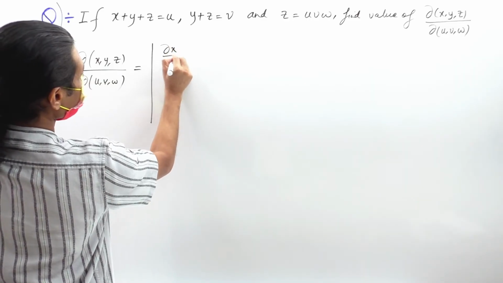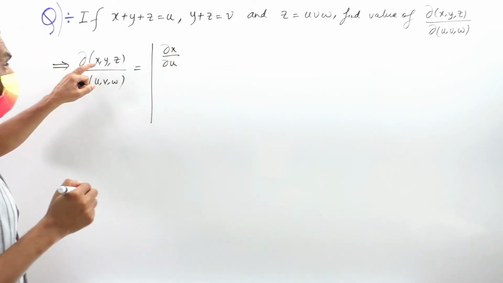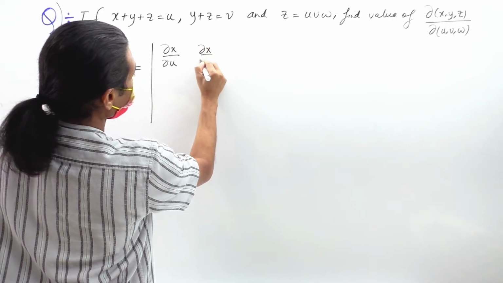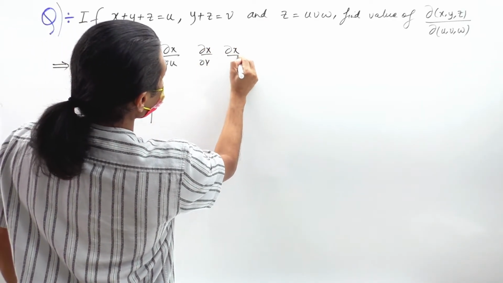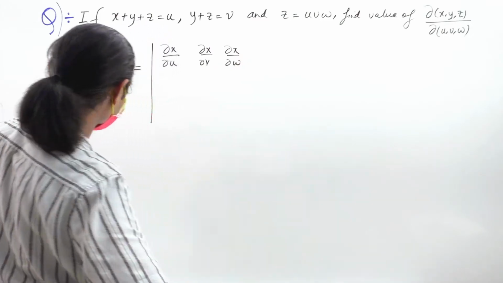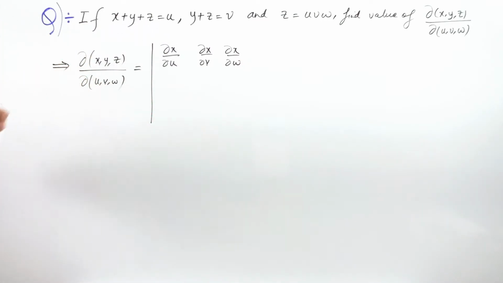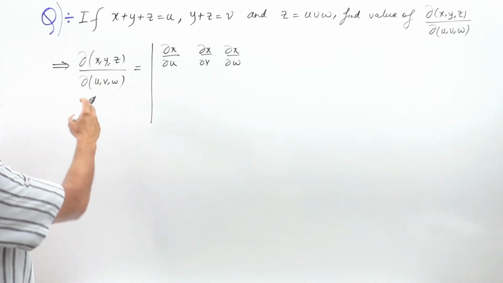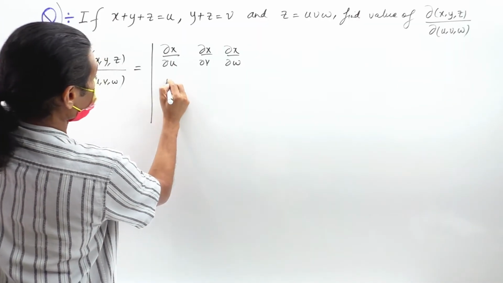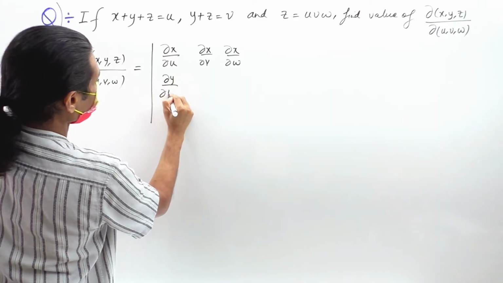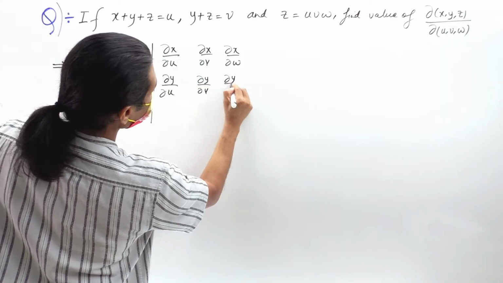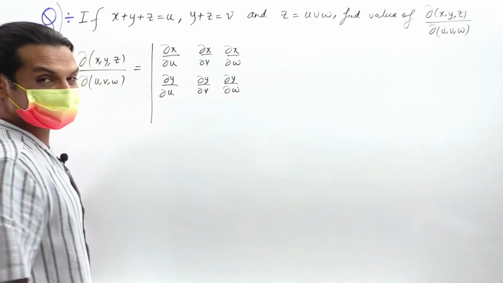∂x/∂u, then ∂x/∂v and ∂x/∂w. Next, the partial derivative of y with respect to all of u, v, w: ∂y/∂u, ∂y/∂v and ∂y/∂w.